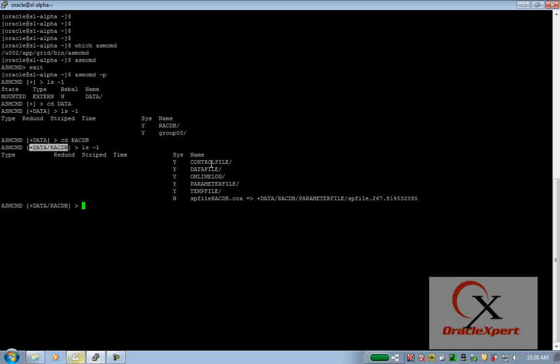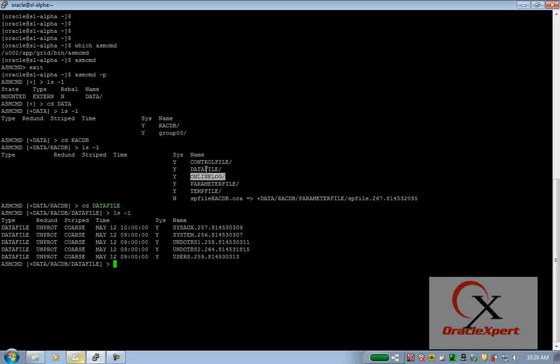Now within the rackdb there is a directory called control file, data file, online log file, parameter file, temporary file. I see there is something quite similar to a symbolic link notation, which is pointing to something else. I am going to the data file directory. Say ls -l, I can see all the files here.